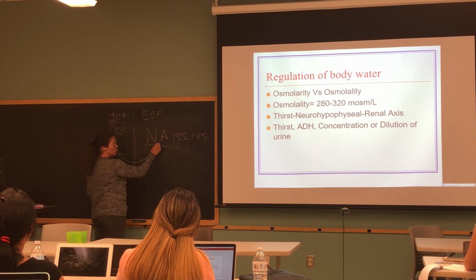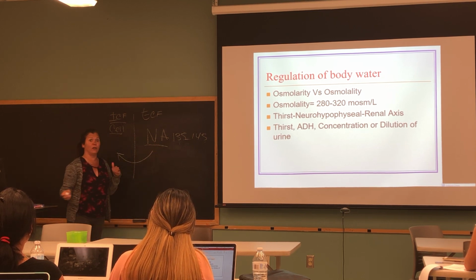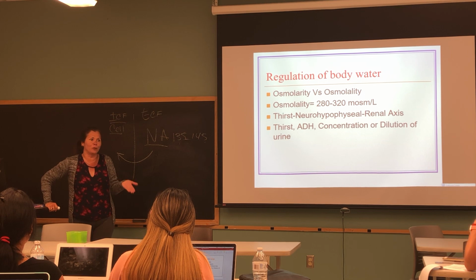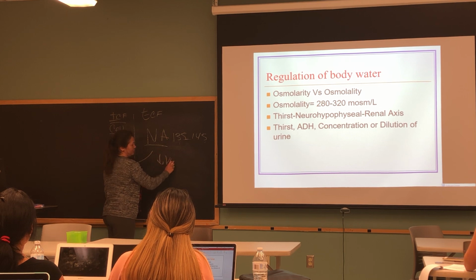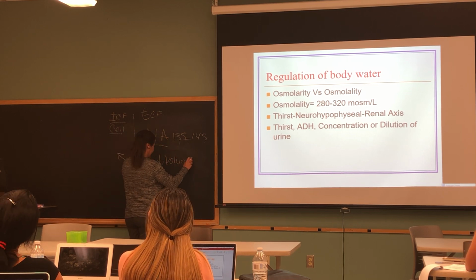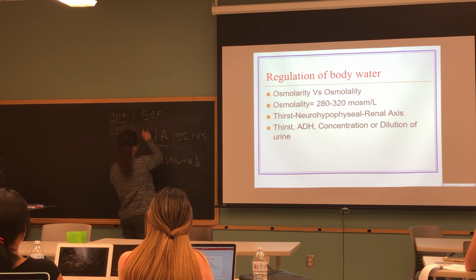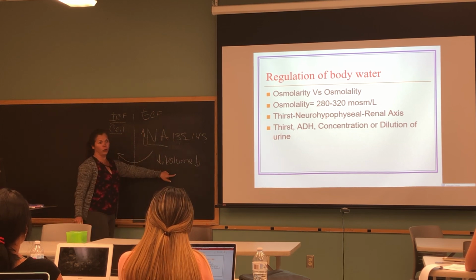Since I have hypernatremia here, and osmolarity is no more than the proportion between volume and solutes, if I have high solutes, that means I have low volume. Yes. So high sodium, therefore low volume.